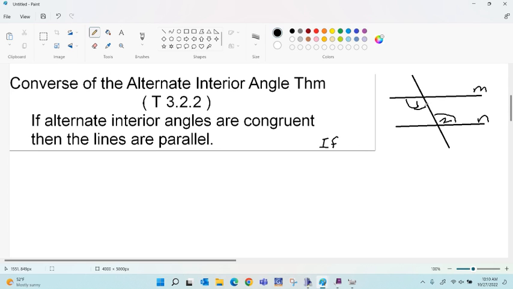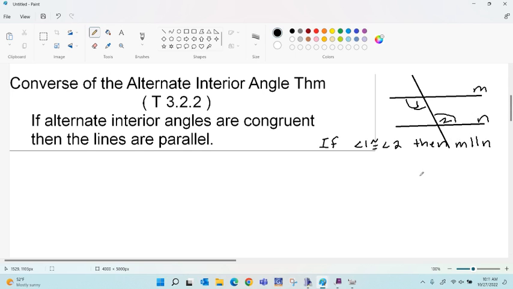Okay, so it's going to start with angle 1 congruent to angle 2. These are alternate interior angles. Then the lines are parallel. So what lines are parallel? M and N are parallel. M is parallel to N.